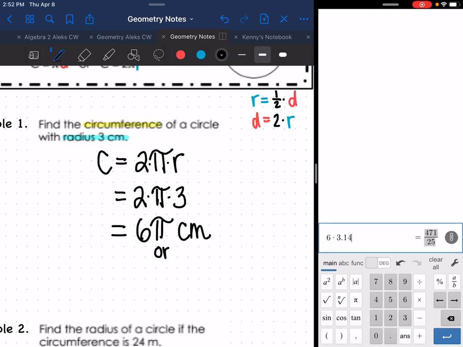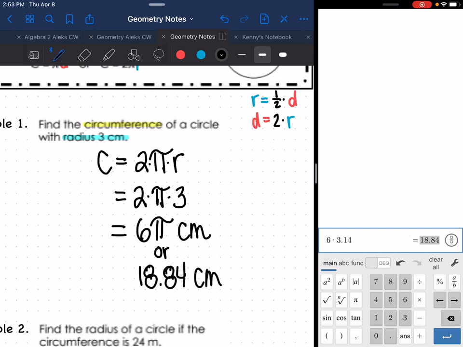Could I flip it into a fraction? Yes, I can, but Alex will not ask you to round. It will ask you to just give your answer because it's already rounding pi for you at 3.14. So there we go. There could be our two answers, just depending on what Alex asks you for.